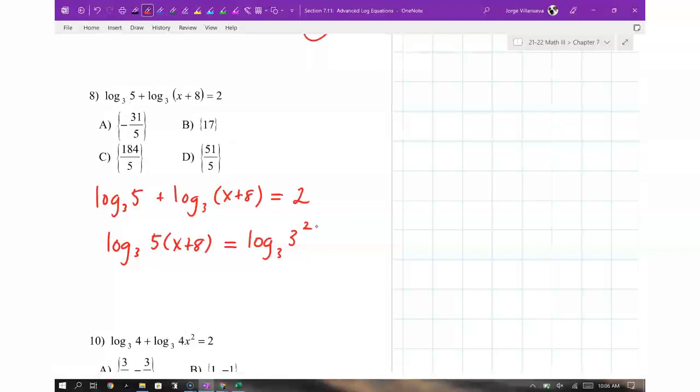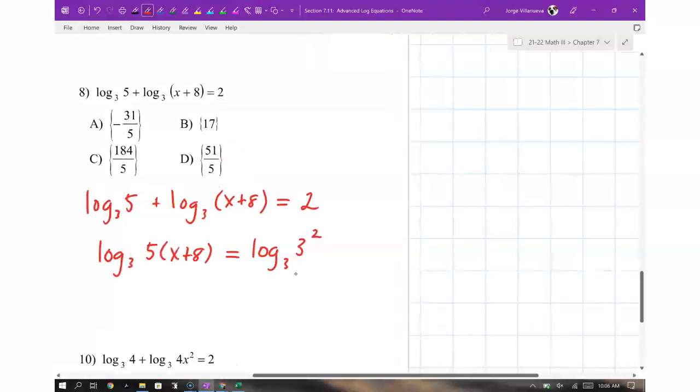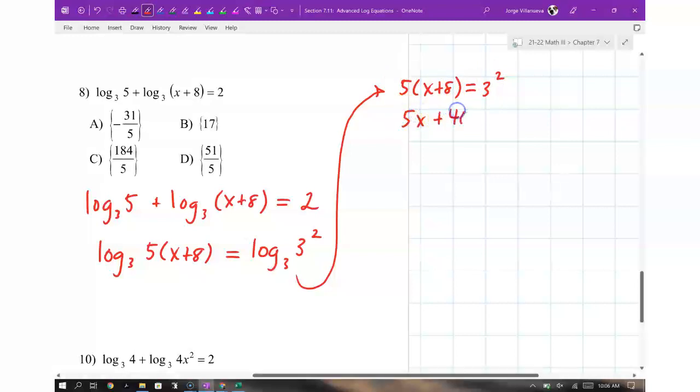Now, since they both say log base 3, let's set up our equation here. I have 5 times x plus 8 equals 3 squared. Let me multiply. That's 5x plus 40 equals 9.